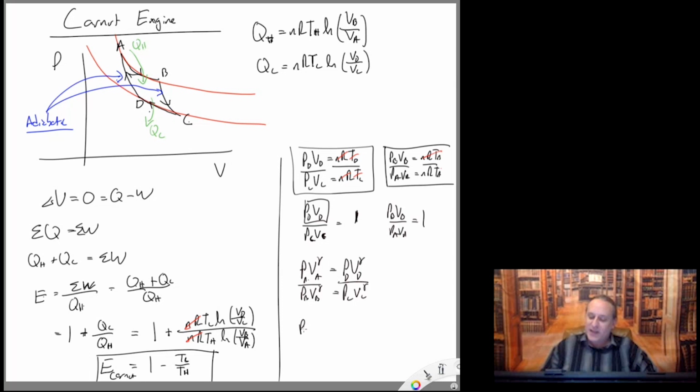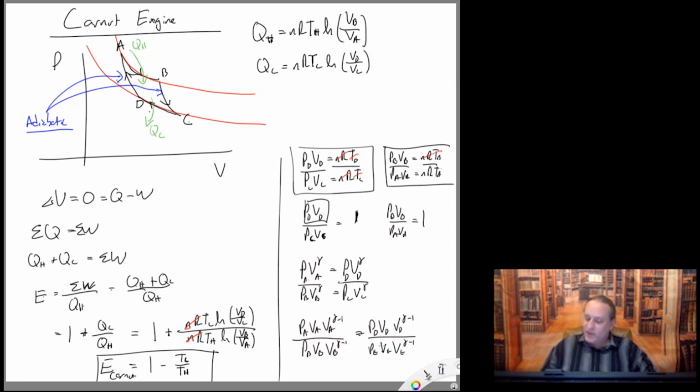So we have PA VA times VA to the gamma minus 1 over PB VB times VB to the gamma minus 1 equals PD VD times VD to the gamma minus 1 over PC VC times VC to the gamma minus 1.